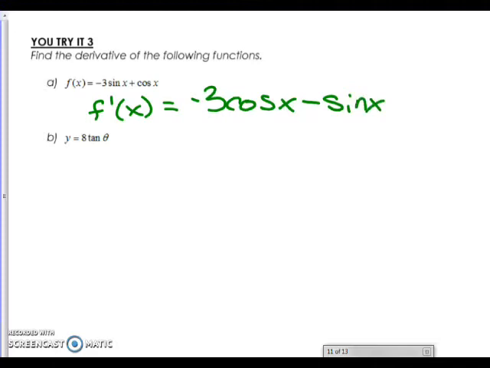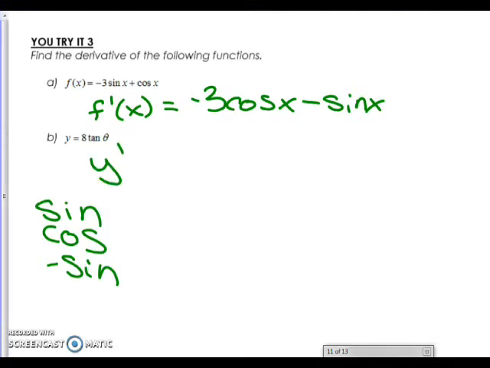The derivative of sine is cosine, so you're just changing this sine to a cosine, and that negative 3 comes along for the ride. Looking at part B then, that 8 is going to come down for the ride, and I'm just going to say y prime. So we have 8, and the derivative of tan is secant squared. So you just recopy it like that.